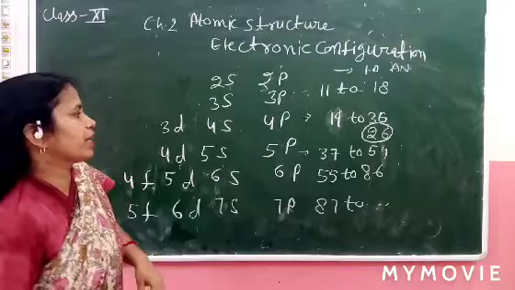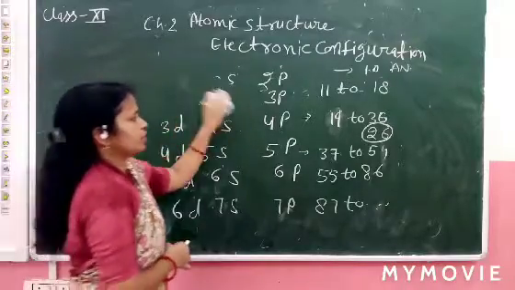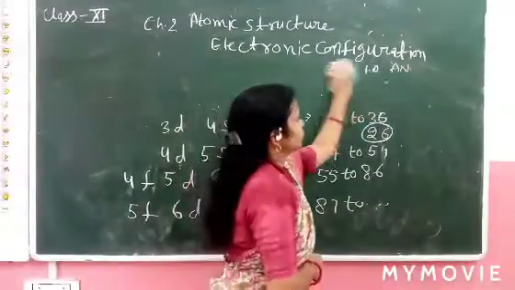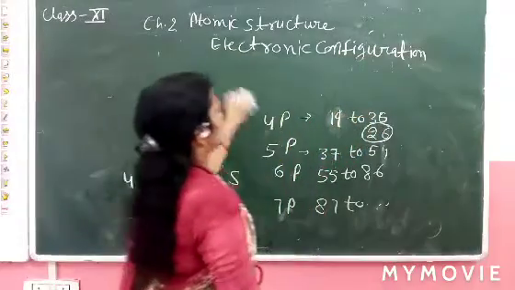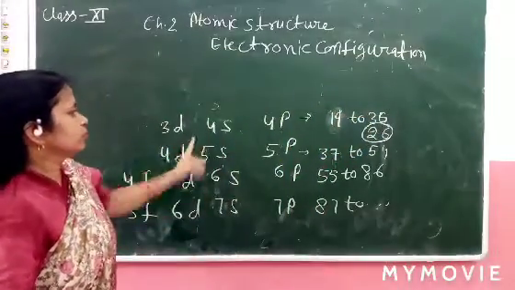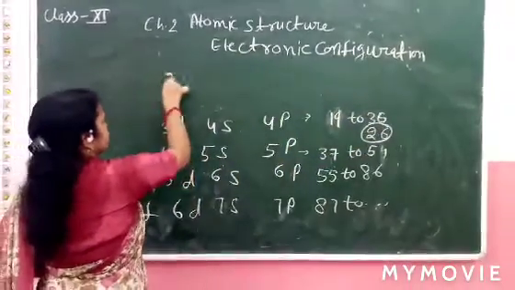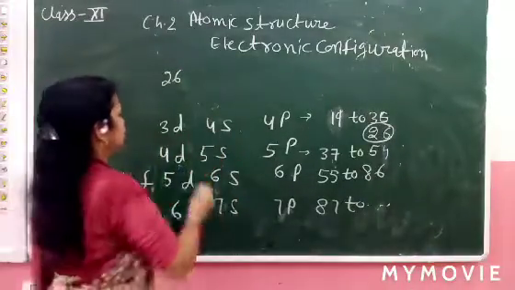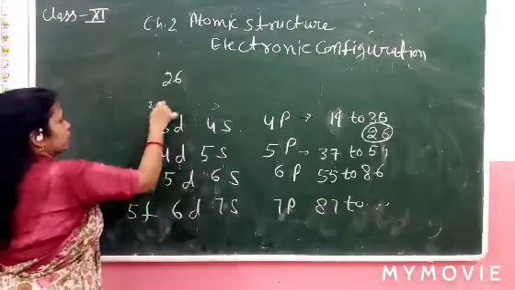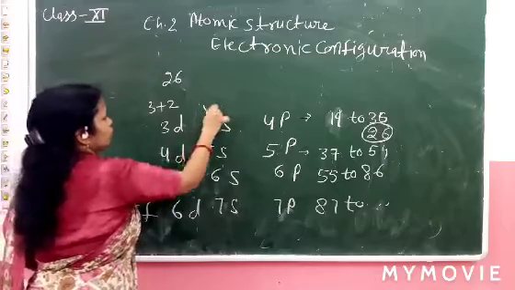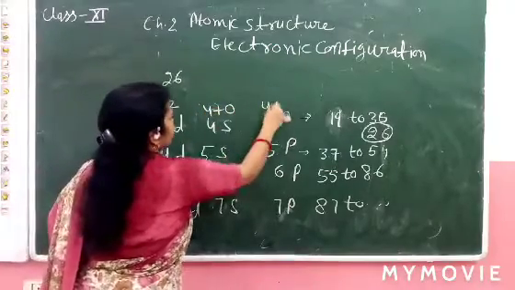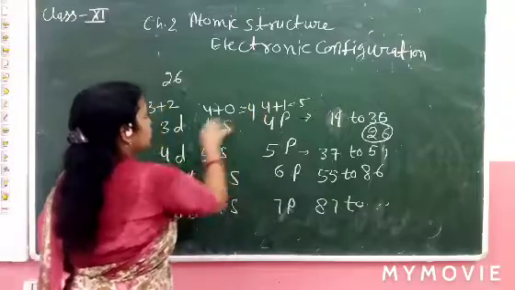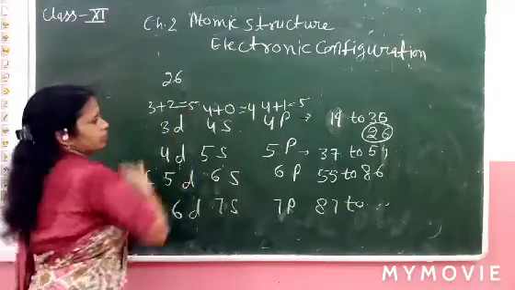So how to write the electronic configuration for 26? Which table do we have to use? This table. So write down the n plus l rule: 3 plus 2, 4 plus 0, 4 plus 1. The values are 5, 4, and 5.